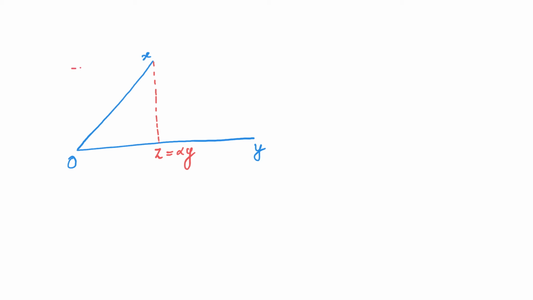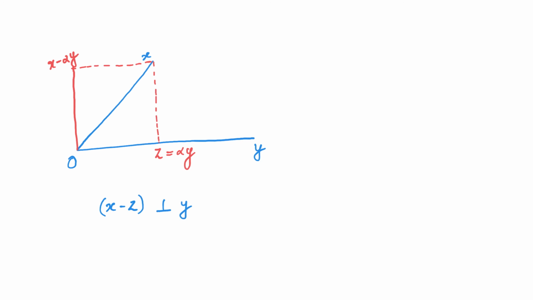As the line joining x and z is perpendicular to the line joining 0 and y, the line joining 0 and x minus z is also perpendicular to the line joining 0 and y. Thus, the vector x minus alpha y and the vector y are perpendicular to each other.